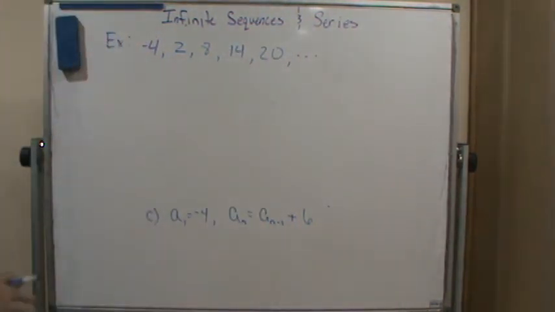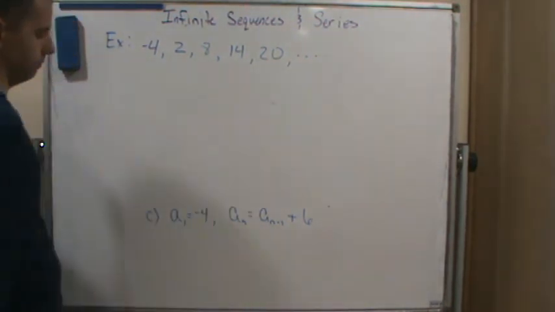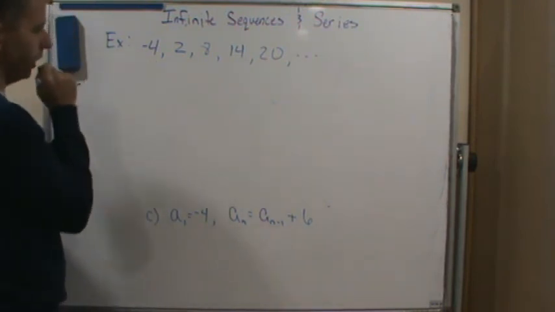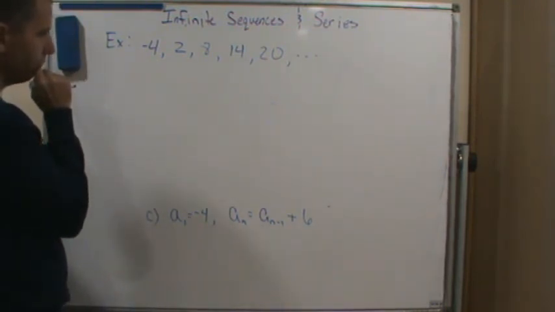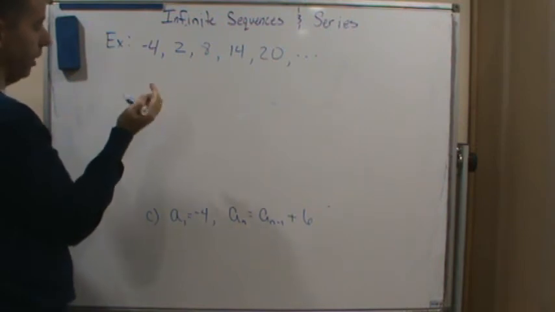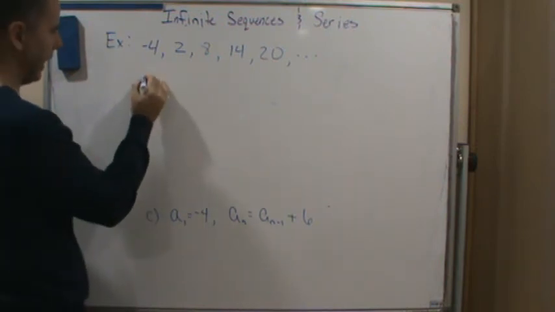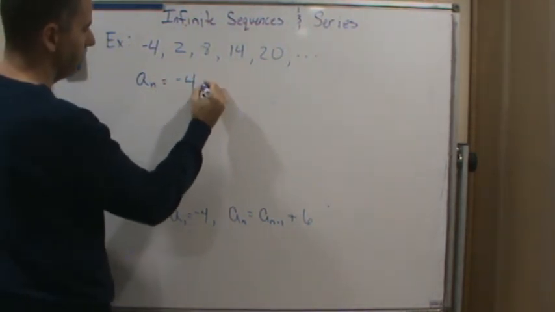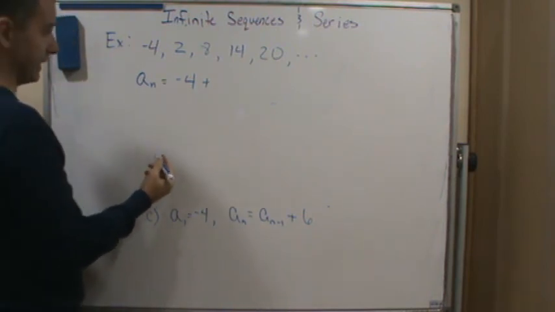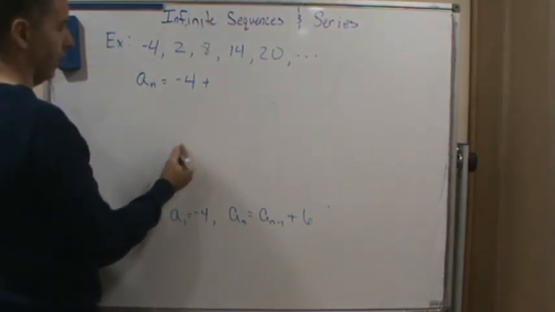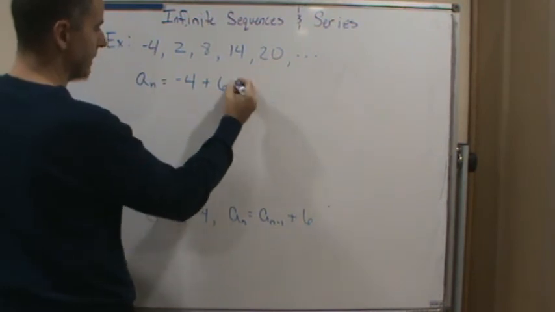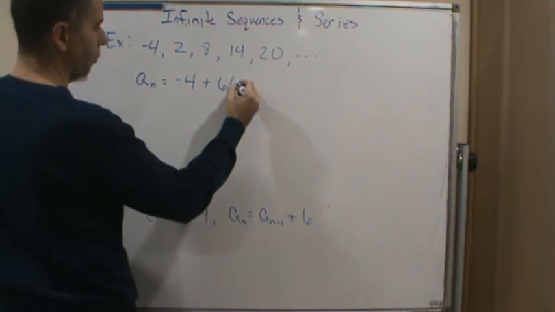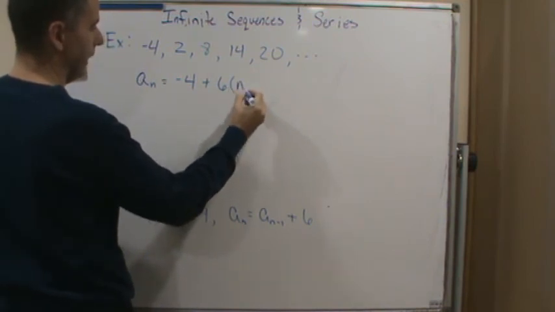Okay? So now, can we see a pattern here? Well, it starts with negative 4, and then we're adding 6. So, we could say a sub n is equal to negative 4 plus a multiple of 6. Which in this case would be 6 times what?